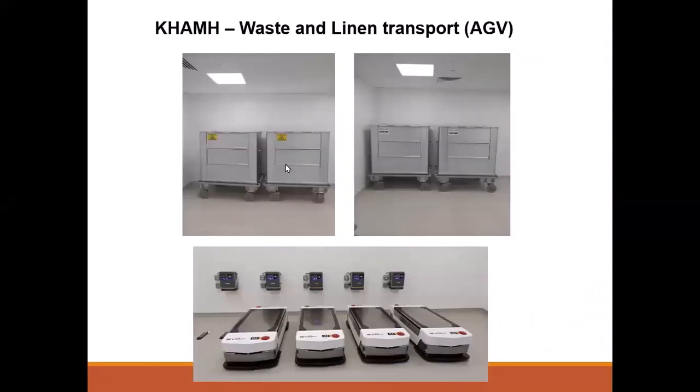Also here, waste and linen for each unit are transported through AGV. And there is one AGV only for the dietary. Okay. So there also they have a checklist for cleaning.